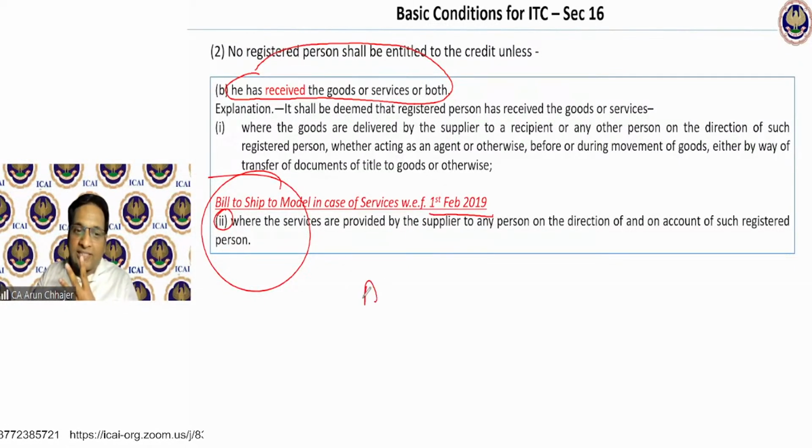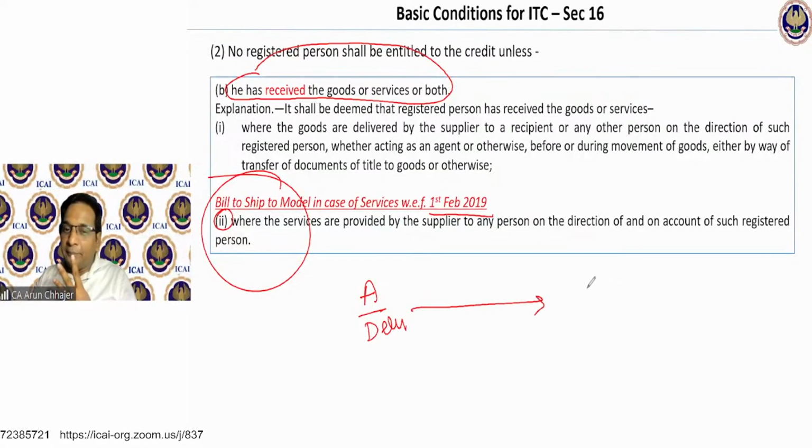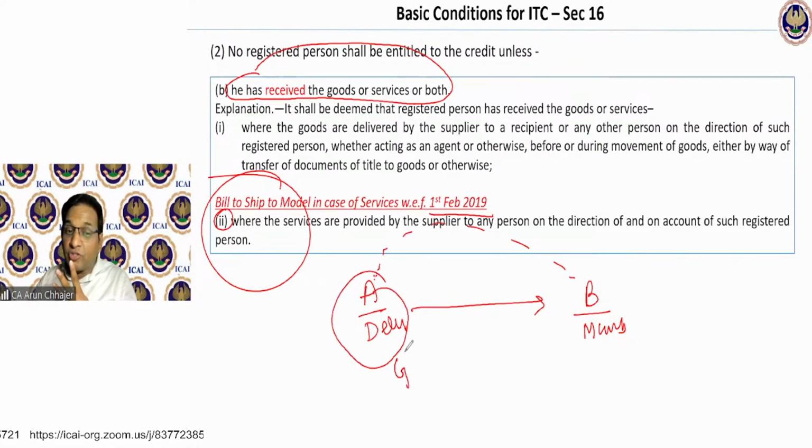Now we know, let's say A is located in Delhi, B is, let's say, in Mumbai, but I have given the instruction to A that please deliver these goods or please provide this service to Mr. C located in Delhi.